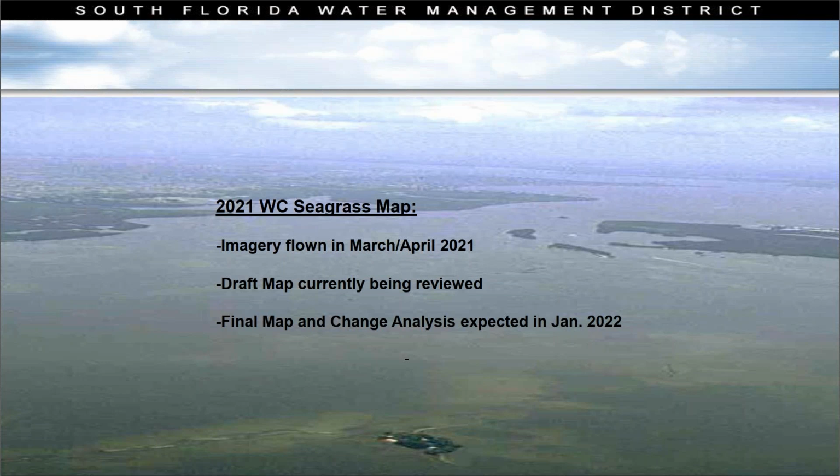So our contractor got it flown between March and April, and we are currently looking at the draft map and hope to have a final map with the change analysis expected in January next year.